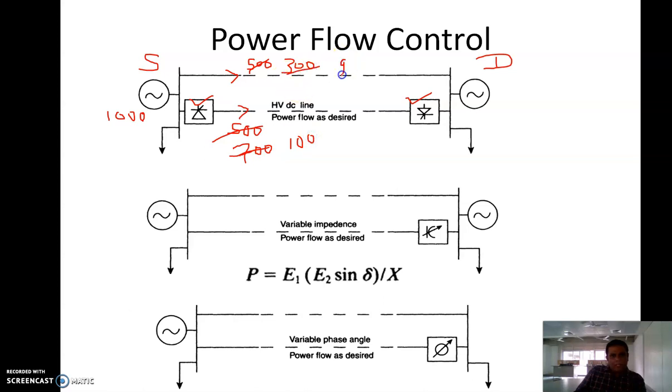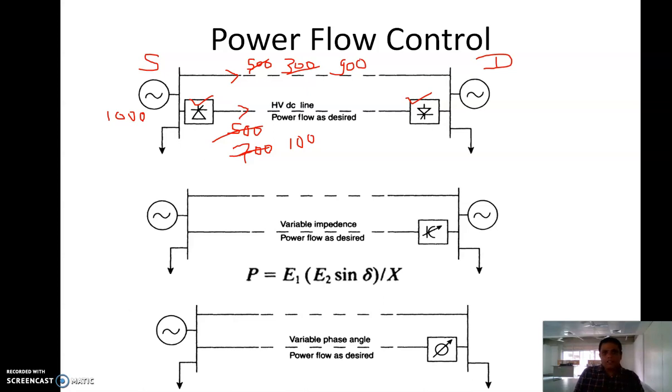Then the upper line will carry 900 megawatt. So this is the control that we are talking about. You can control the HVDC line from 0 to 1000 megawatt, and by default the other line in parallel with it, the AC line, will also be controlled from 0 to 1000 megawatt, right? So this is one way we can control the power as per our will.